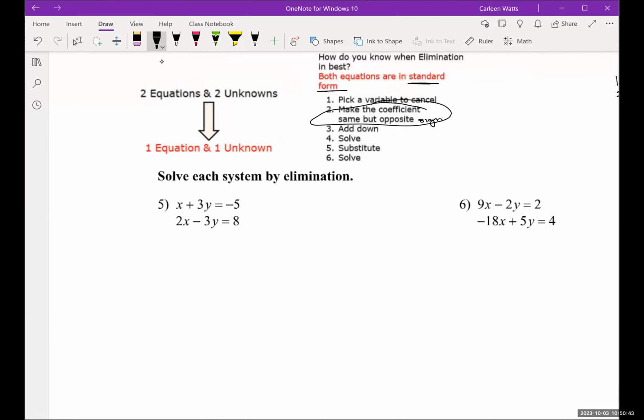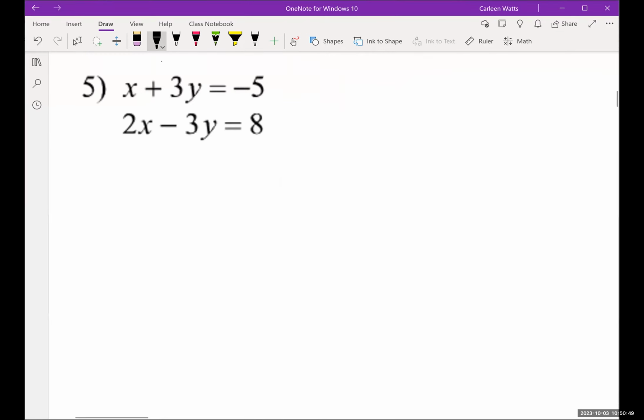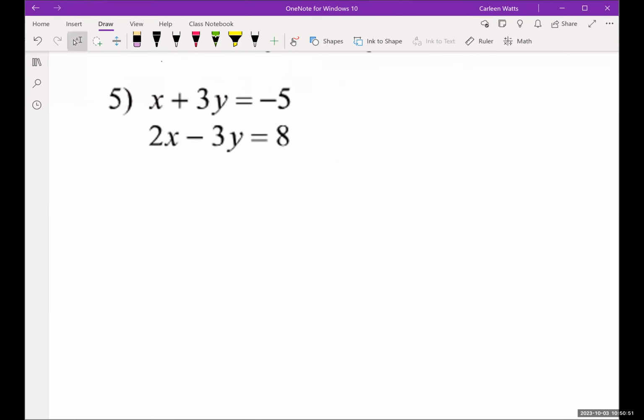Yeah, look at those threes. +3, -3. Ding, ding, ding, ding. Yay, they rejoiced. Monty Python would say they rejoiced. Okay, so I have a variable. The coefficients are same with opposite sign.